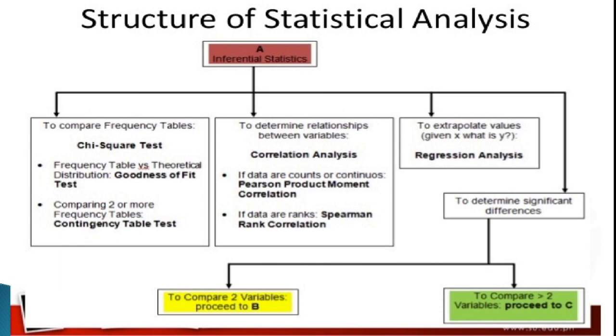For the original data, we can go for the Pearson product moment correlation, or Pearson correlation, with the help of an equation. For opinion survey or qualitative data, we can simply apply Spearman rank correlation. Then we can go for regression analysis.